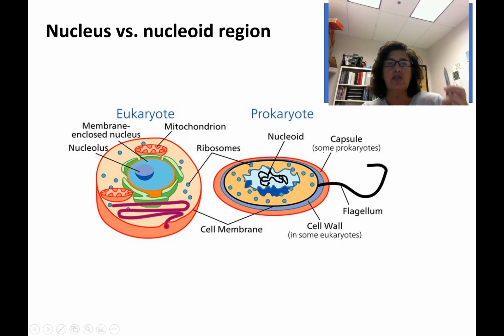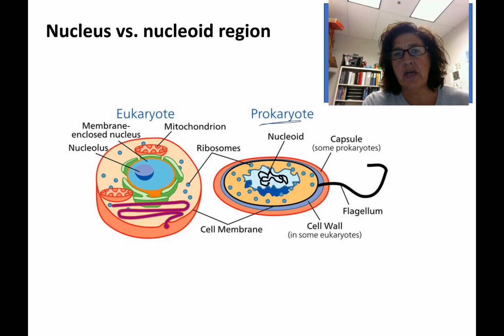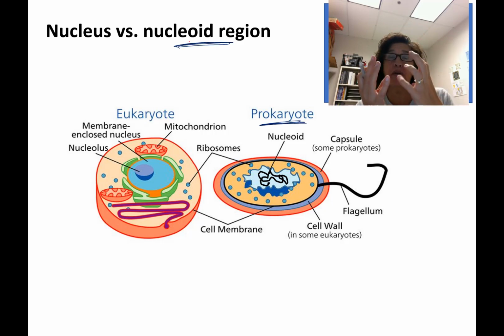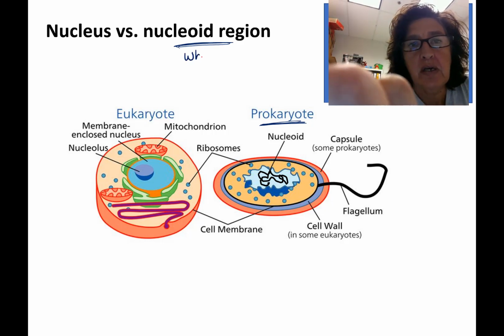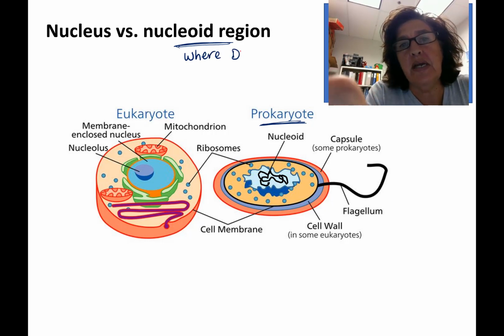Nucleus versus nucleoid region. So prokaryotes have a nucleoid region. They don't have their DNA surrounded in a membrane. So the nucleoid region is where DNA hangs out in prokaryotes.